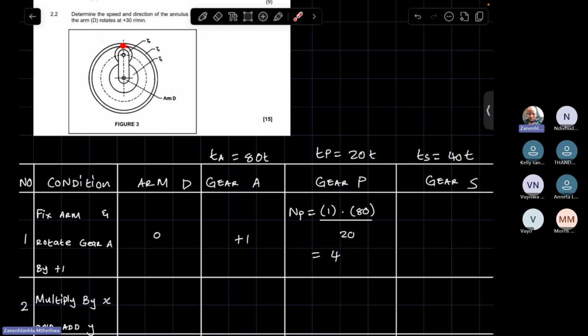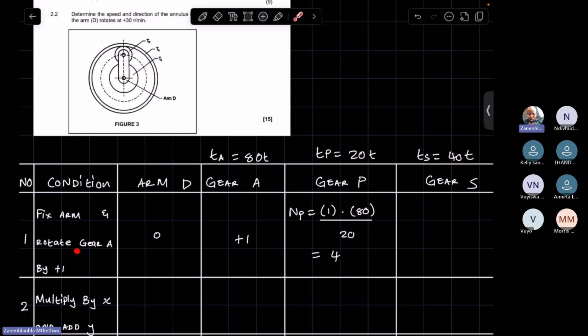I'm going to say this again. Whichever gear that meshes with the annulus rotates in the same direction as the annulus, which means if the annulus, as you said, is rotating clockwise as per the first condition, then what does that imply for the rotation of the planetary gear?